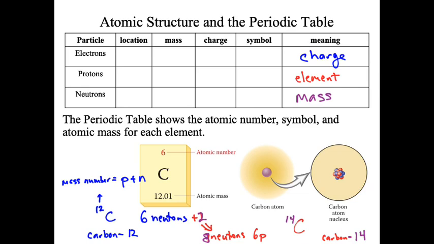Instead of creating a new element, each with a different mass, we call the relationship between those 2 carbons isotopes. What is the relationship between carbon-12 and carbon-14? Different number of neutrons. Same element, different neutrons, defined as isotope. That's all it is.